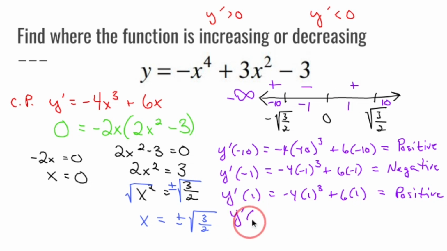Last but not least, let's plug in 10. 10 tells me what's happening after the square root of 3 over 2. So negative 4 times 10 cubed, which becomes 1,000, plus 6 times 10 is going to be 1,000 times negative 4, which is negative 4,000. Negative 4,000 plus 60 is still going to be negative, so it stays negative.